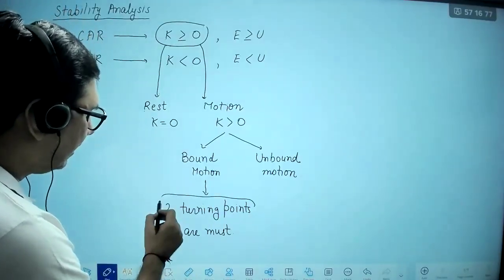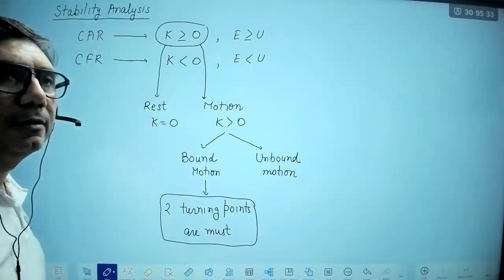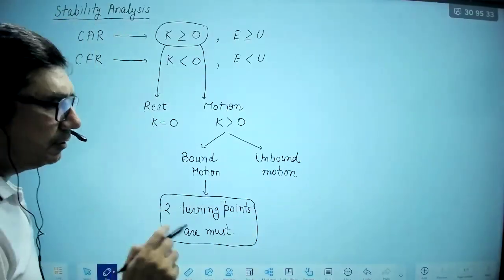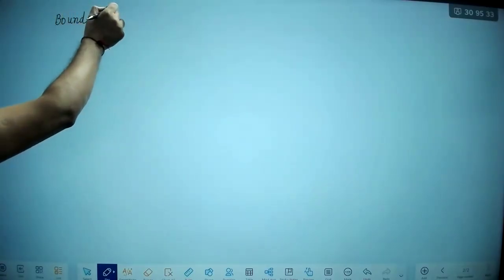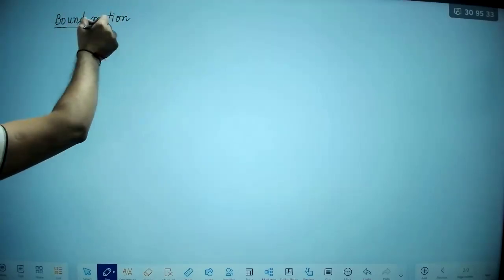If motion is taking place between two turning points, then that is a bound motion, and it will be an oscillatory motion. I discussed bound motion in the last class with the help of a spring-mass system.